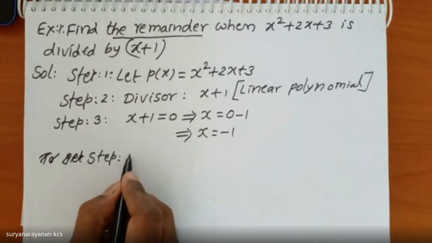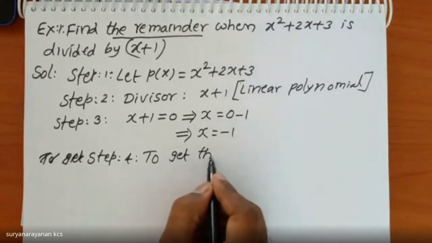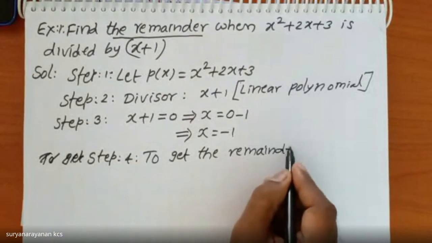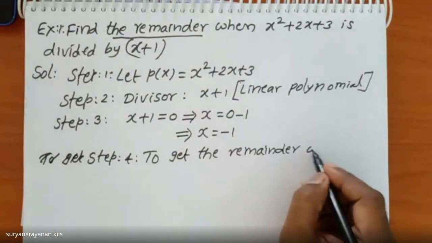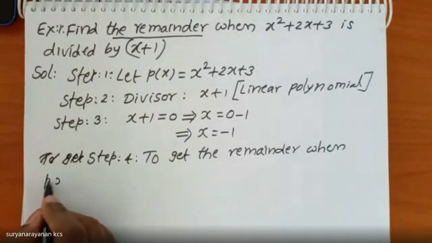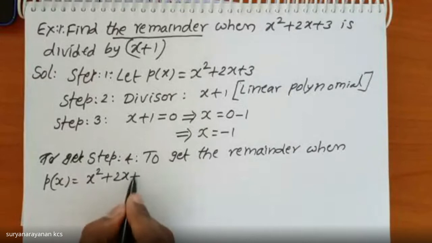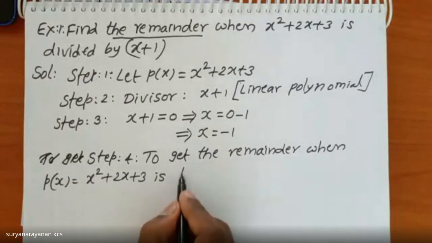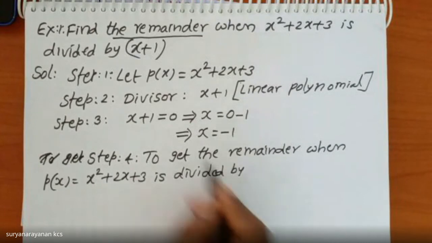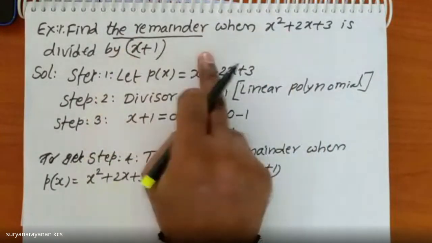Step 4, to get the remainder when P of X, that is equal to x square plus 2x plus 3, is divided by x plus 1, we write the same sentence as it is.